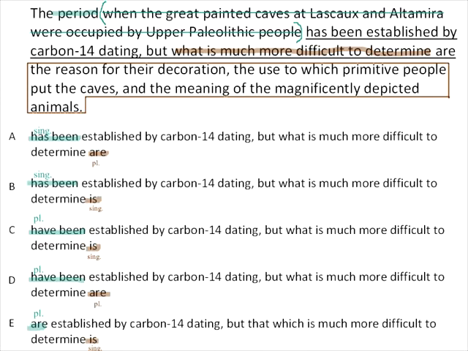Okay, this is a list. This list is indivisible. This list must be treated as one piece. So it's impossible for just the reason to be the subject of anything. So, i.e., you can't treat the reason by itself as a subject.